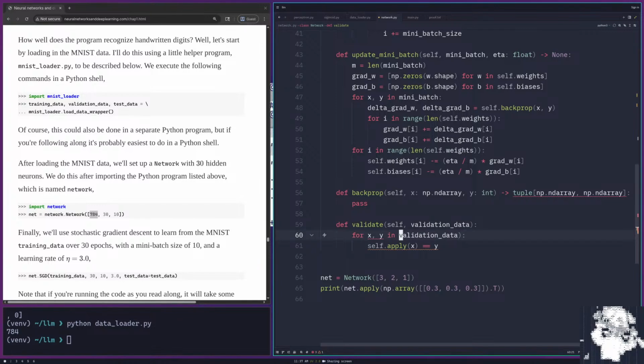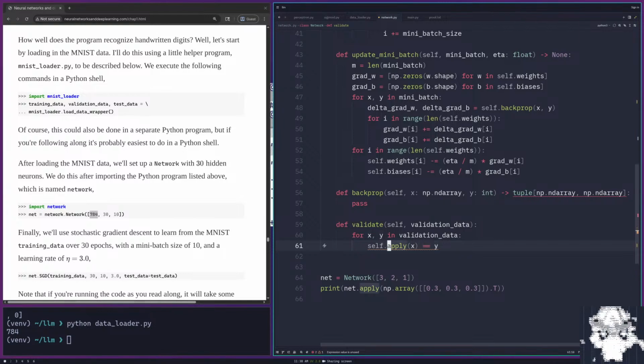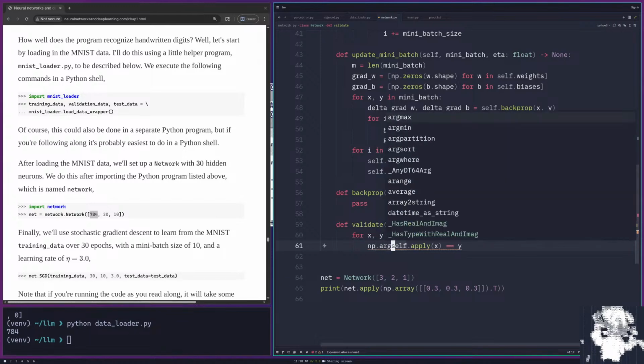Okay, so I don't need the zip anymore. Apply returns an ND array, and y is just an int. So here's where I want to do the argmax thing. np.argmax.